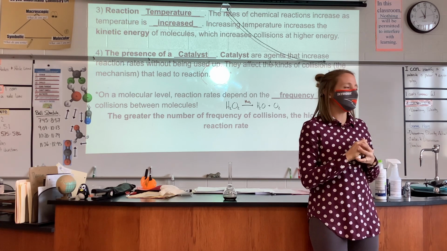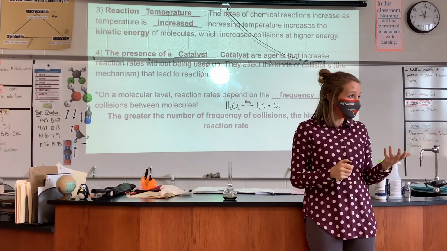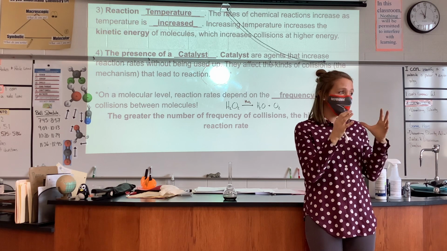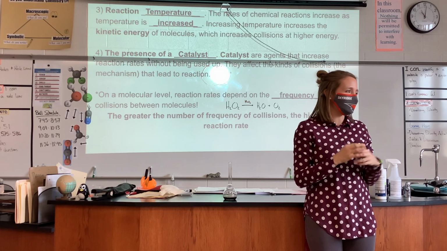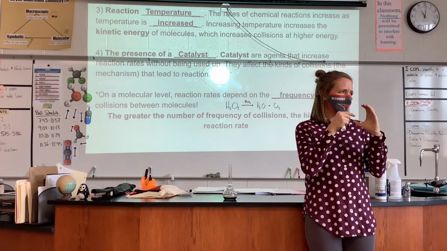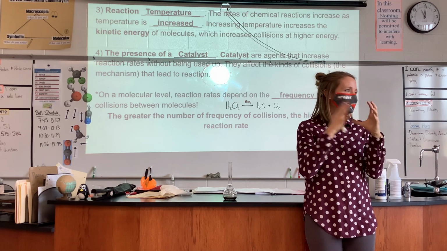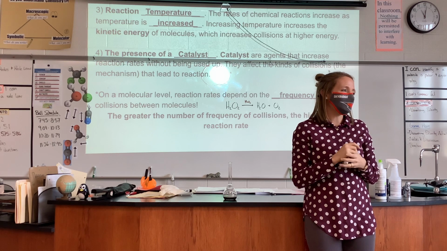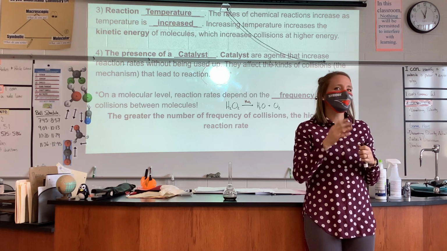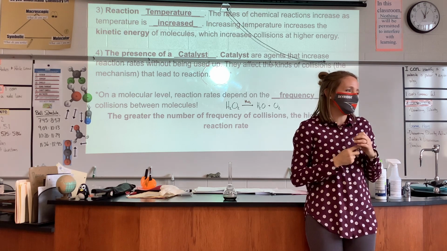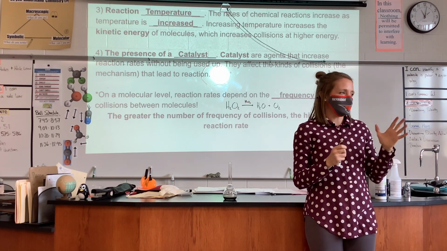Whether that means it requires less energy, or it helps with the orientation. Enzymes work a lot that way because they're like a lock and key idea where it holds it in place, and so it can only collide a certain way. But yeah, they just do something to help create more successful collisions so it can go faster. But stay tuned for more.